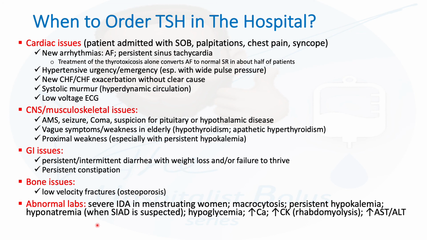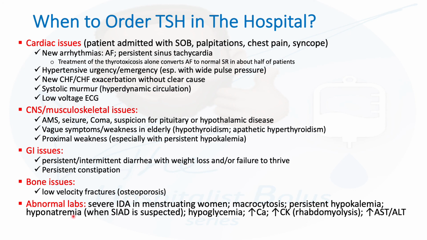periodic paralysis. Severe hyponatremia, if you suspect it's SIAD, we talked about that when we talked about hyponatremia. Some experts recommend checking TSH whenever you want to diagnose SIAD. So you have to rule out thyroid dysfunction before you make the full diagnosis of SIAD.